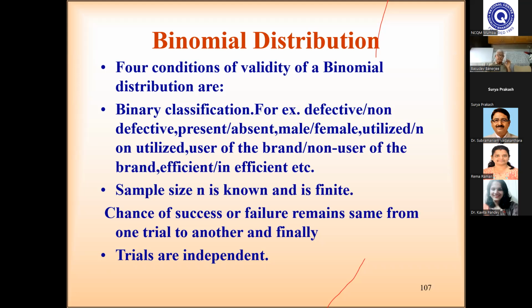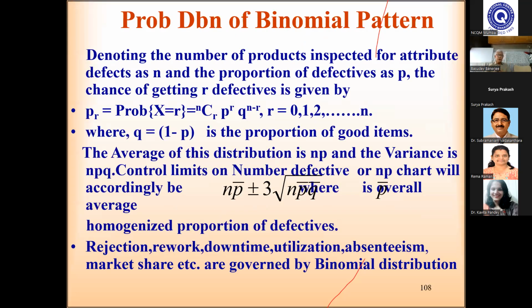Denoting the number of products inspected for attribute defects as N and the proportion of defectives as P, the chance of getting R defectives is given by probability X equal to R equals NCR p to the power R, q to the power N minus R, R running from 0 to N, where q is equal to 1 minus p, the proportion of good items.